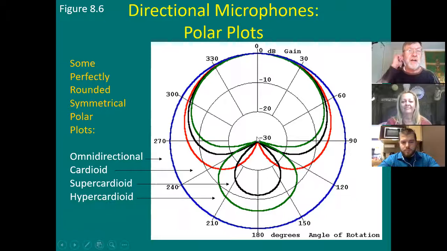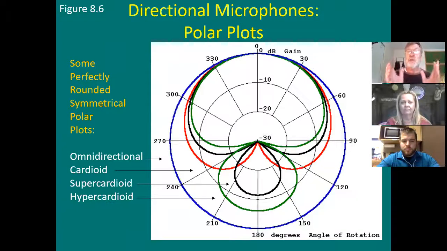They wear it on the side of their head. But at any rate, look at this. Here's sound coming from the blue, an omnidirectional mic. It's showing you that the microphone is equally sensitive to sounds in all directions. Think of the 0 as the guy's nose, the 270 and the 90 as the guy's ears, and the 180 as the back of his head.